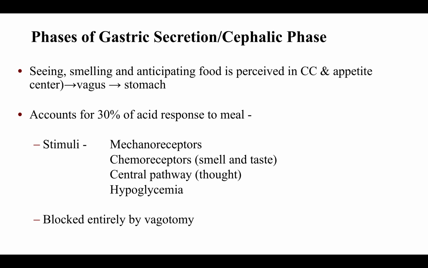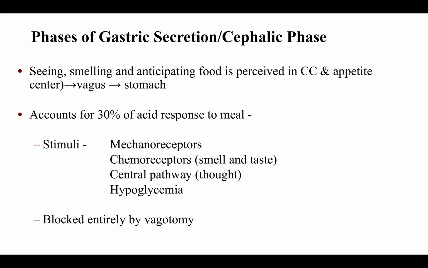There will be stimuli within the cerebral cortex and the appetite centers going through the vagus nerve to the stomach, asking the stomach, please start secreting your acidic juice. And this phase is important in producing about 30% of HCl secretion in response to the meal.